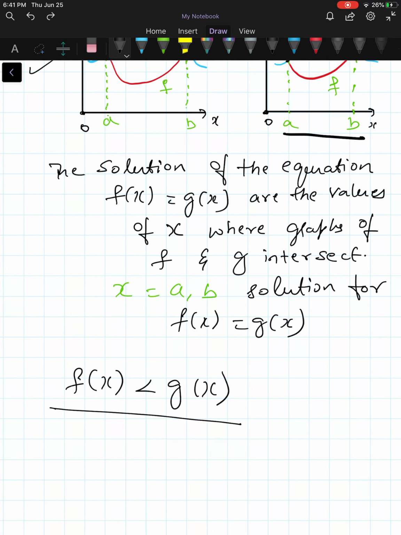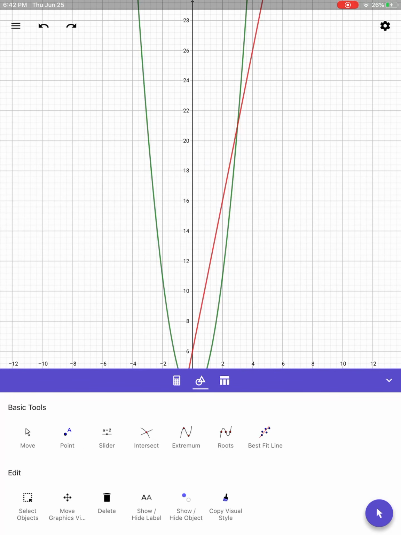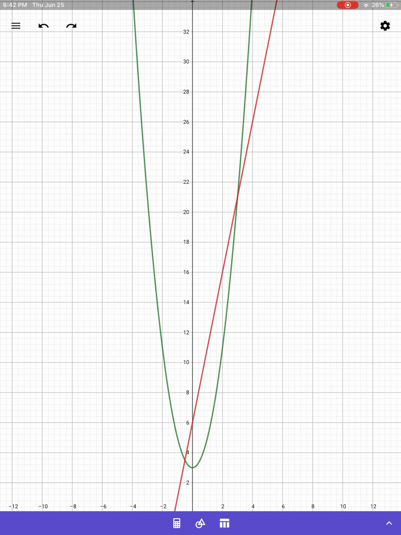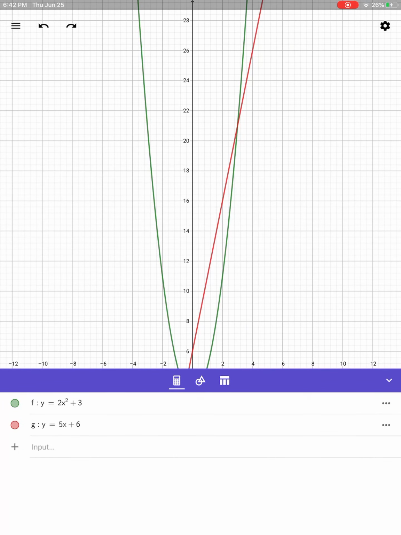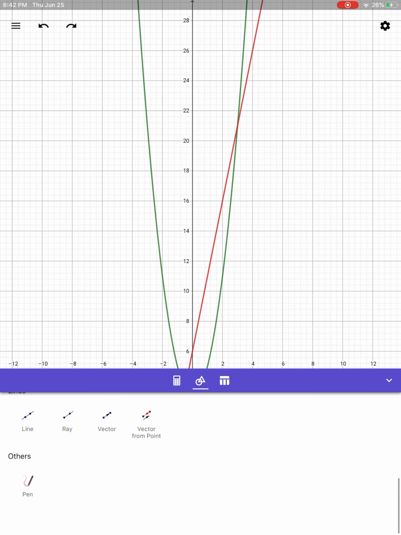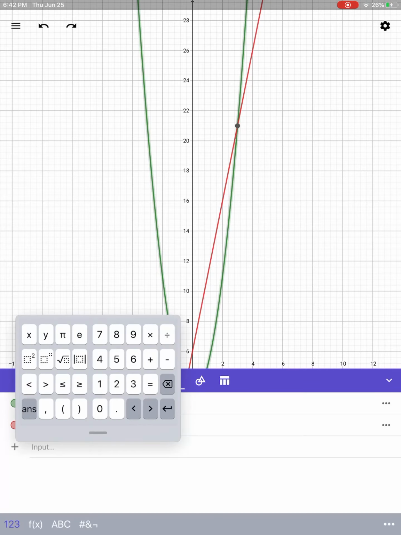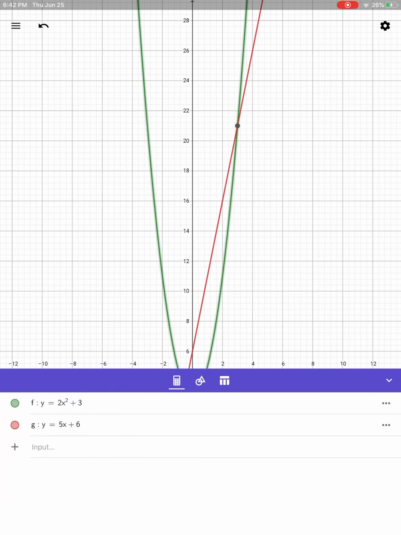I am using a graphing calculator here. I have already plotted the graph. This is a function that is given in your book as an example, where f of x is y equal to 2x square plus 3, that you can see here, and g is y equal to 5x plus 6.